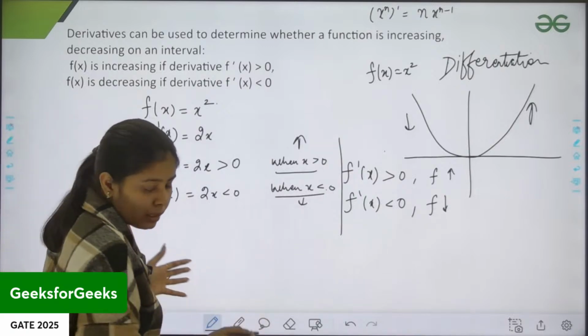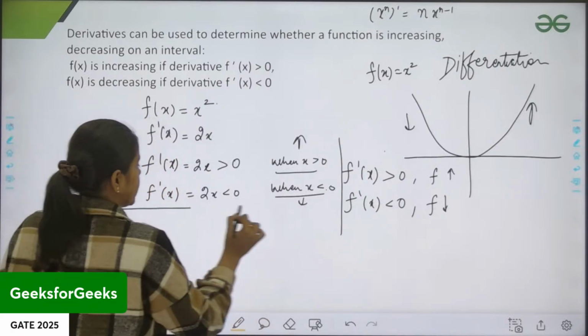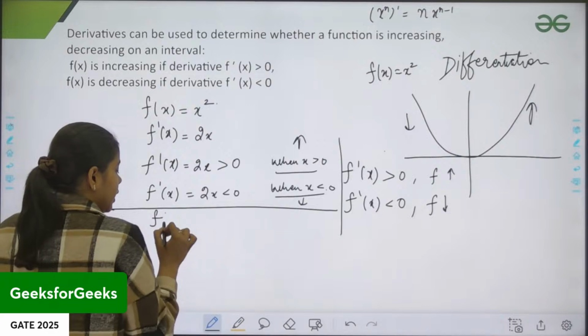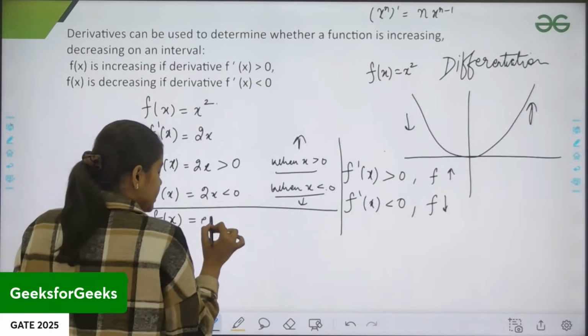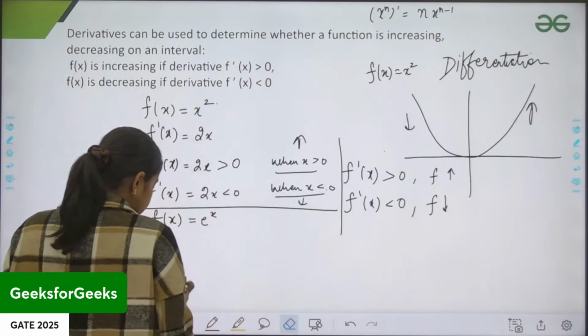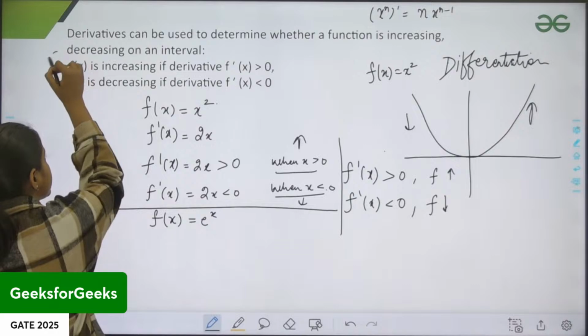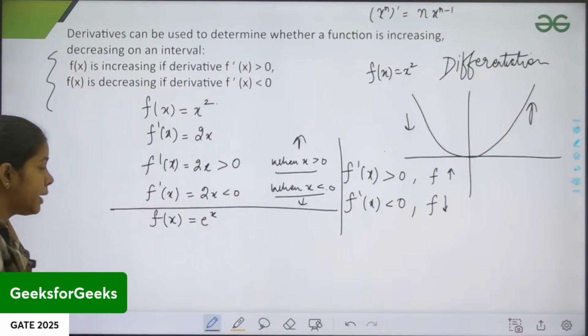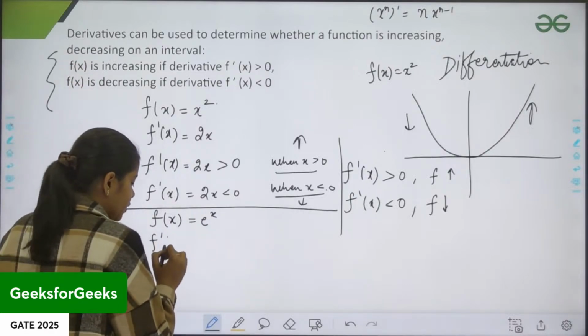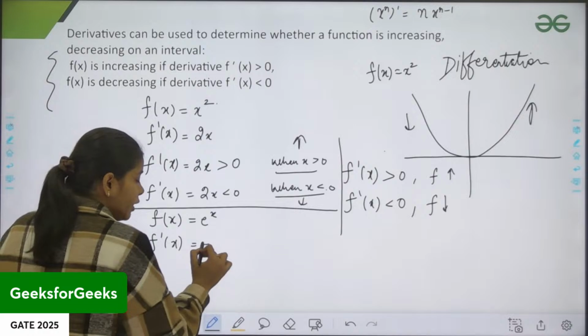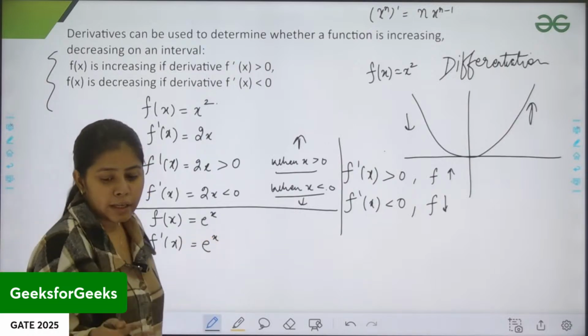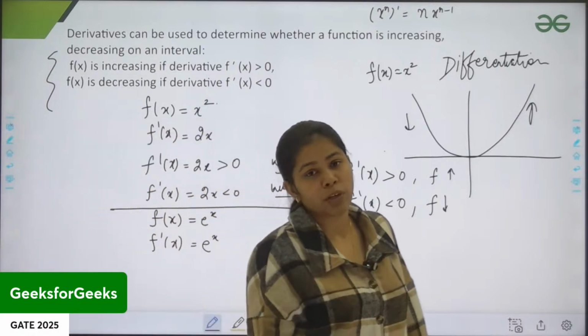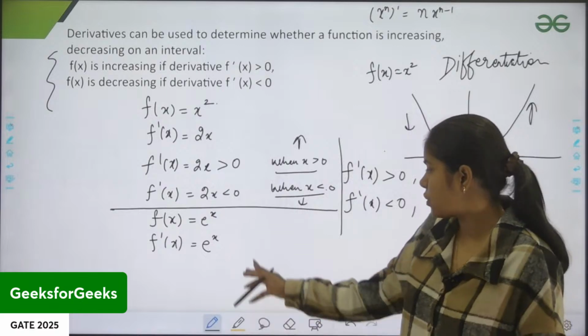If it is clear till now, so let's take one another example. I'm taking here a function e to the power x. We already discussed this, but let's check whether this is an increasing function or decreasing function using this. If I find out a derivative f dash x, what would be the derivative? E to the power x. We know that the derivative of an exponential function is again an exponential function, right?